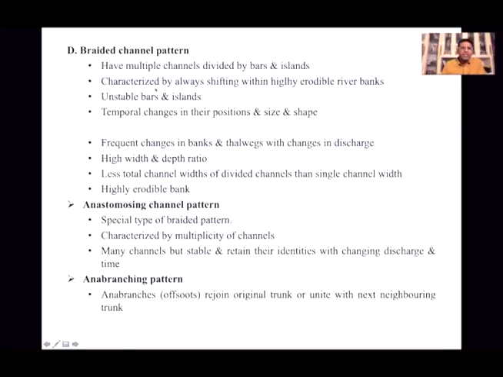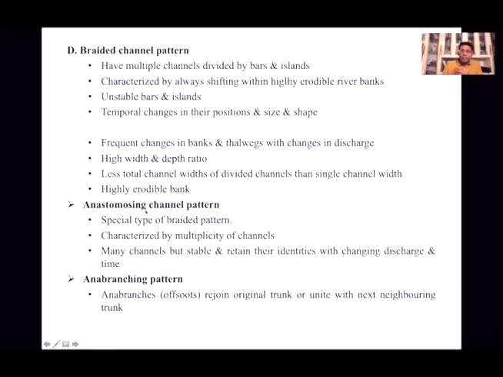So a braided channel has multiple channels, bars and islands, highly erodible banks, unstable bars and islands. There are temporal changes. It keeps on changing. Frequent changes in banks and thalwegs. It has very high width and depth. So width is very, very high, depositions, and highly erodible banks, less total width, and so on. You can skip this point here.